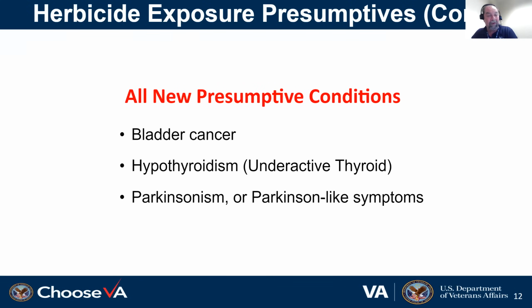And part of the reason I bring this up is because many times an individual might be misdiagnosed with something other than Parkinson's when in fact it is Parkinson's. So adding that on there opens up a much bigger window for veterans to be compensated for things that do look like Parkinson's, but have not been officially diagnosed as Parkinson's. Next slide.